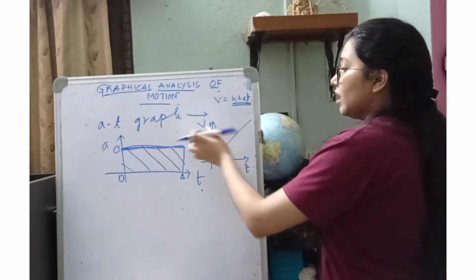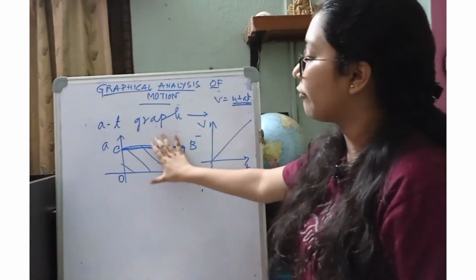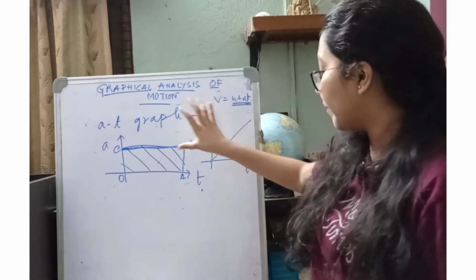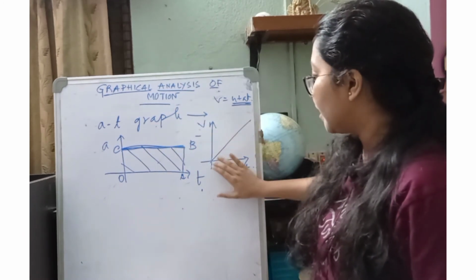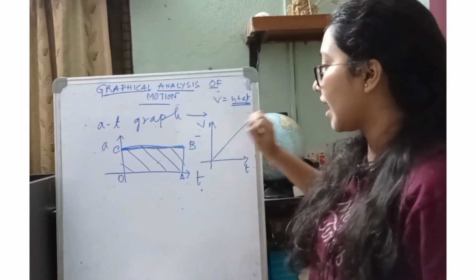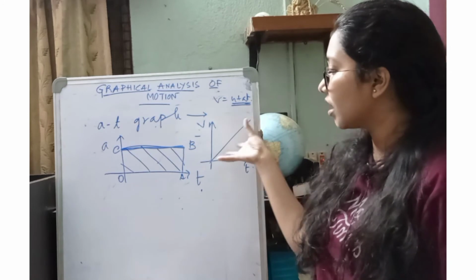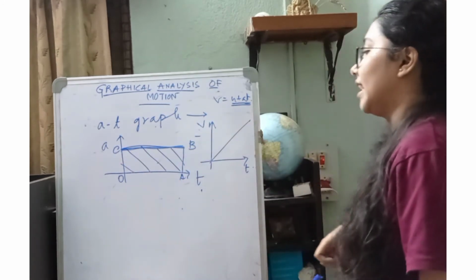So this is the same type of motion which is represented by both of them: the velocity is increasing constantly with time, that is, it has a constant acceleration, which can be evaluated by calculating the slope of the curve, which is shown by this AT curve.